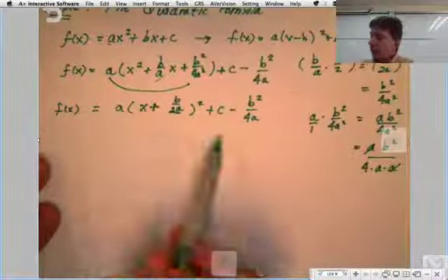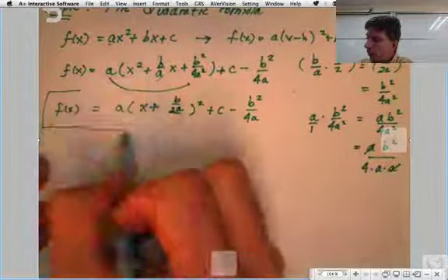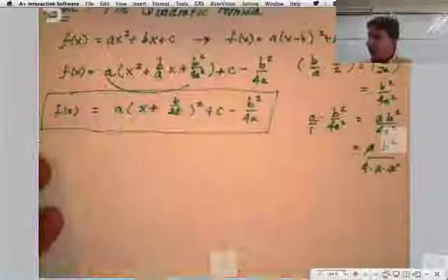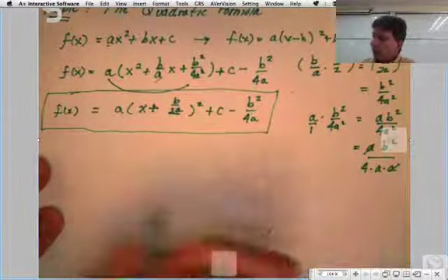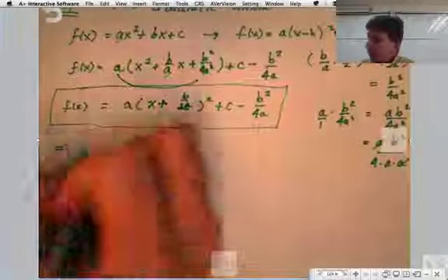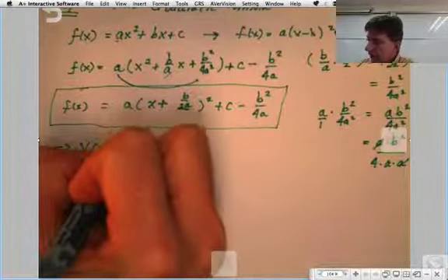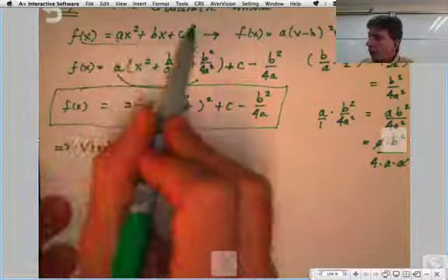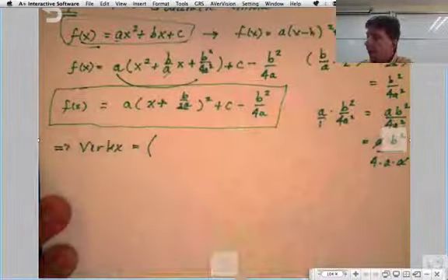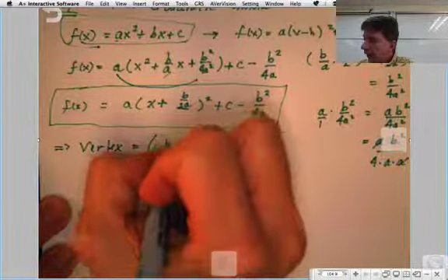So we have the vertex form of a quadratic function that is in standard form. Just pausing here for a minute before we actually find the x-intercepts, the vertex of this general quadratic function would have an x-coordinate of negative b over 2a.